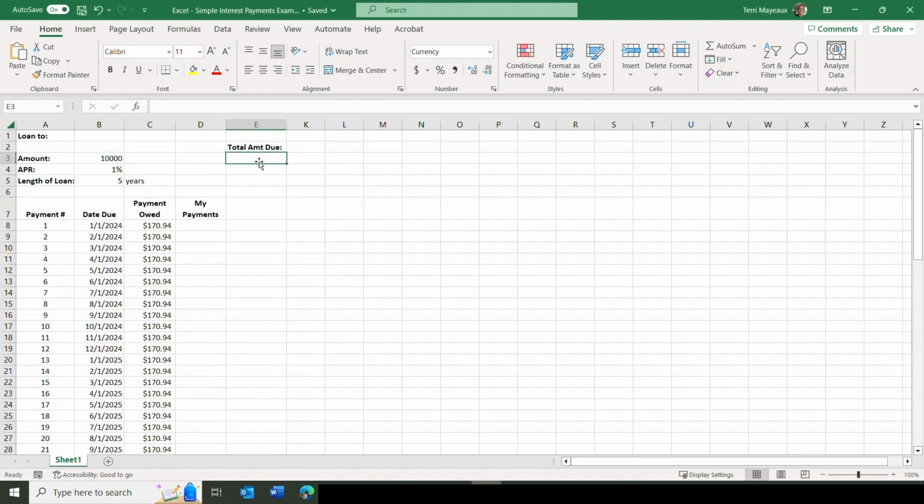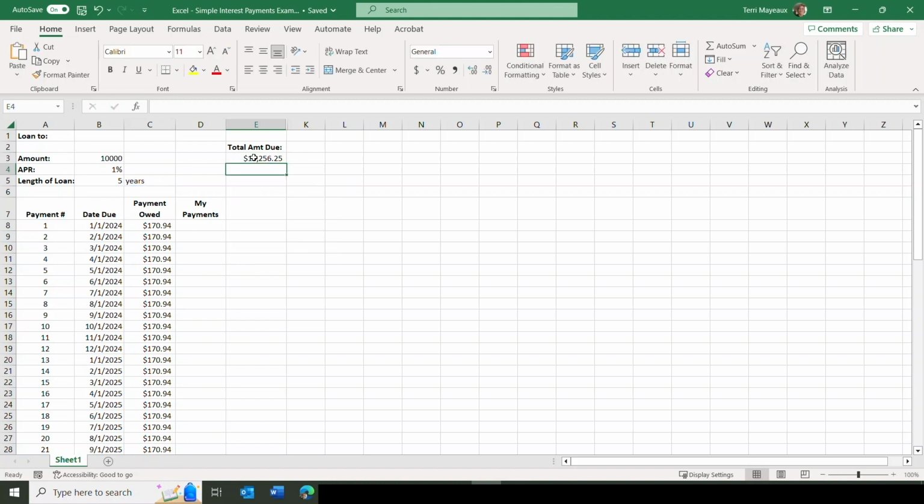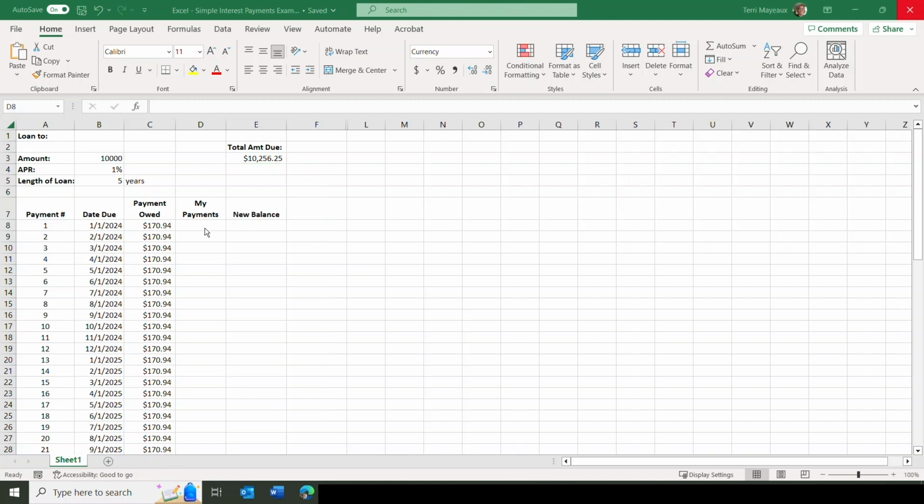And in E3, I have an empty cell, but right above that it says total amount due. So to keep me from scrolling up and down in my spreadsheet all the time, I'm just going to say equals C69 and press enter. And this gives me a great reminder of the total that I am going to pay.